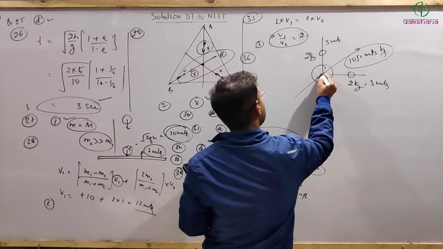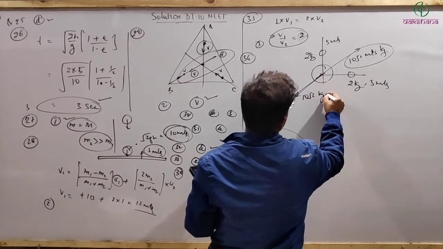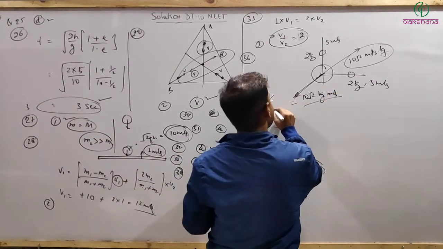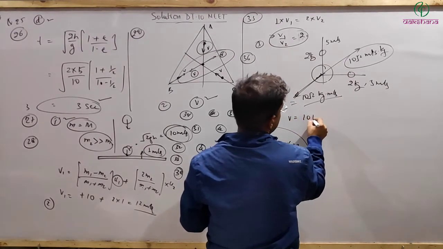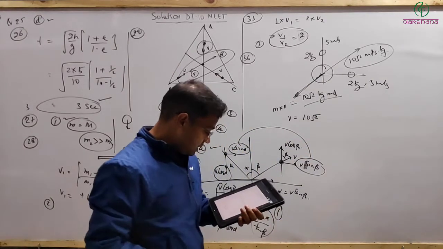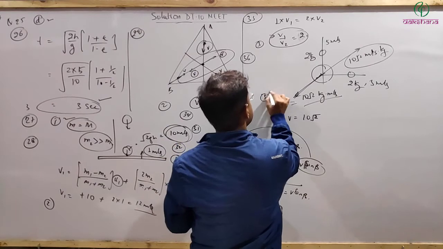So the net momentum of the final particle should be 10 root 2 kg meter per second this way. This will be equal to m into v, and m is given as 1 kg, so v will be equal to 10 root 2, and the direction will be due southwest. That will match with option number 3.